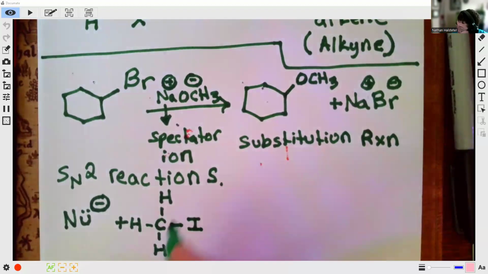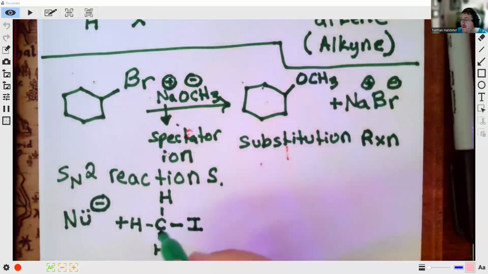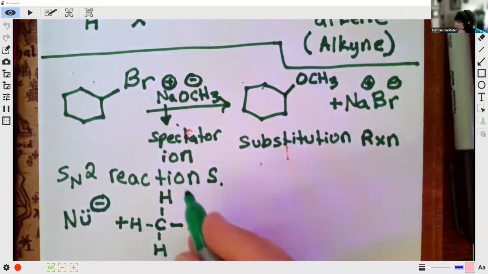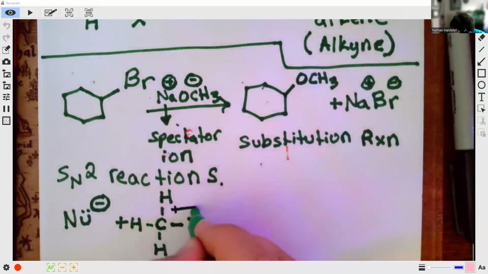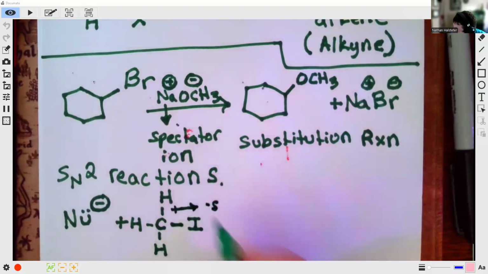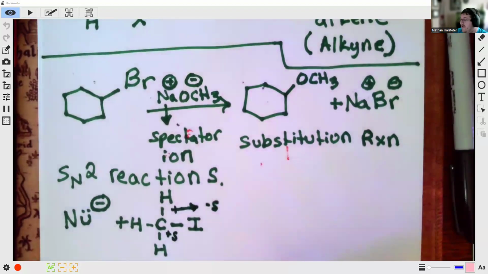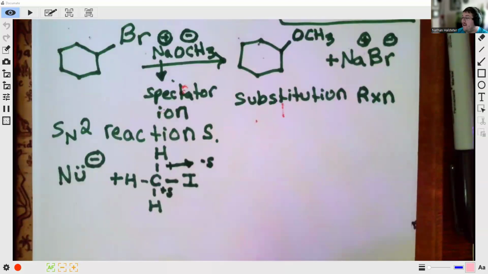In this case, our carbon, as we've already talked about today, is bonded to a very electronegative halogen, so it has a dipole, leaving a partial negative over the iodine and a partial positive over the carbon. So this carbon is what we call electrophilic. It is electron loving. It wants more electrons.